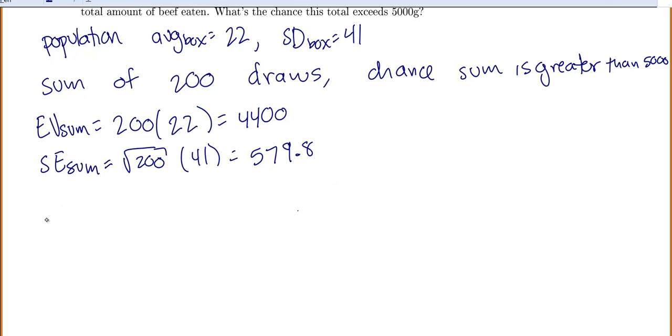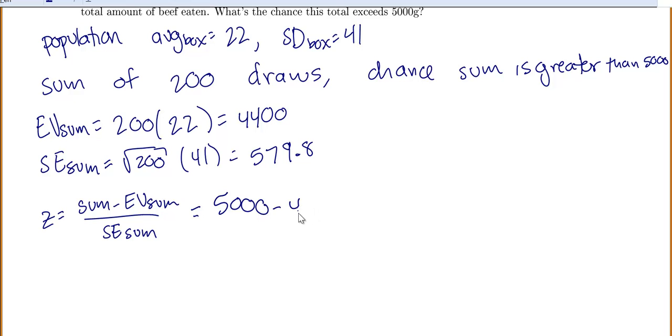Now to find the chance, we calculate z, so z is equal to the sum minus the expected value of the sum divided by the standard error of the sum. So the sum we're interested in is 5,000 minus our expected value of 4,400 divided by our standard error of 579.8. This gives 1.03.